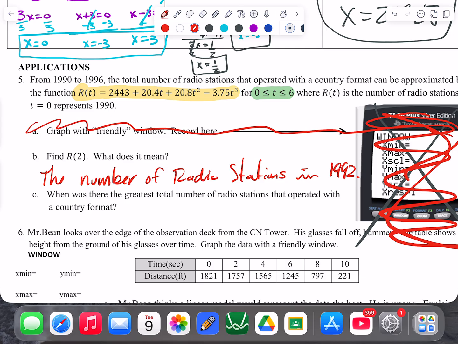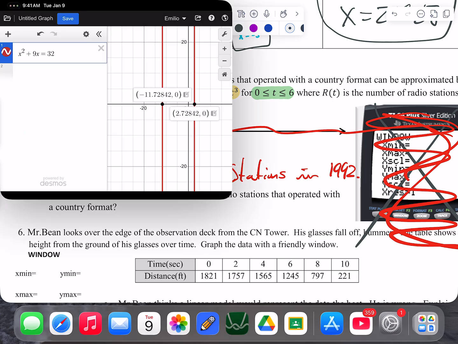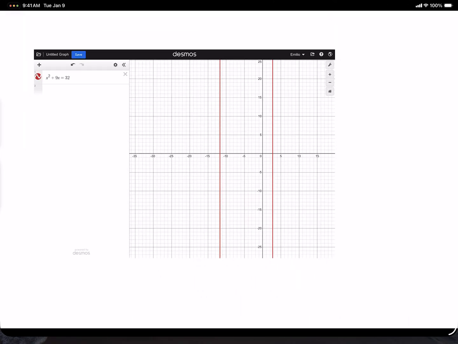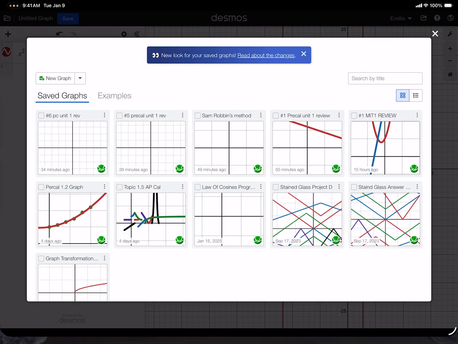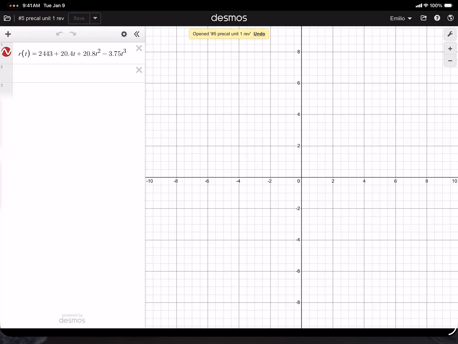It doesn't say to solve it, so I'm not going to. But if it did, it wouldn't be hard at all. So let's go ahead and go to Desmos, and I already have this saved, so we're going to make this one big for this problem because we're going to need it. So let me go ahead and pull it up. So here we go. Okay, so here it is. So when you graph it, now notice how I typed it. You can use X if you want, but I typed it in exactly as I saw it.